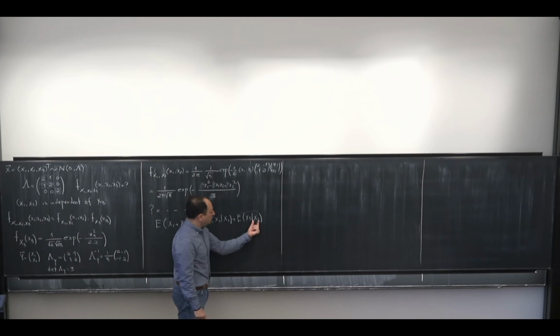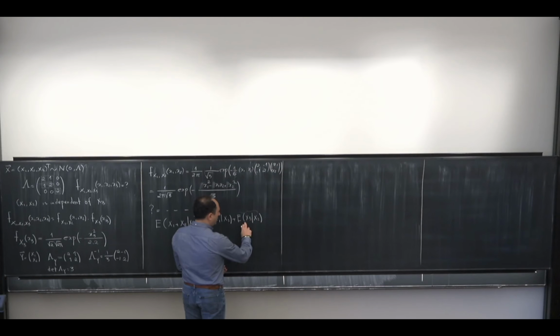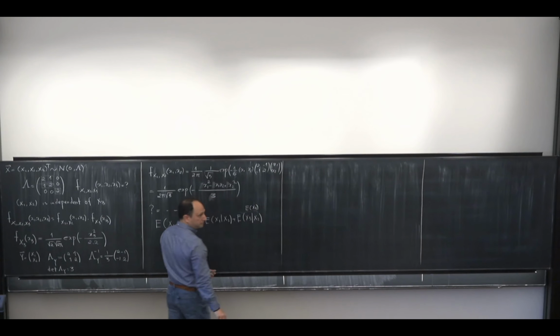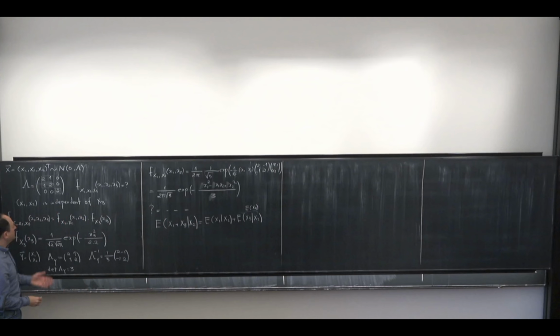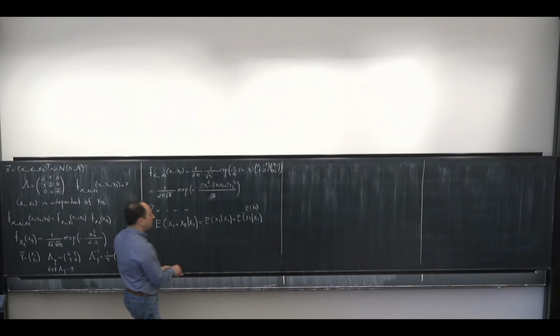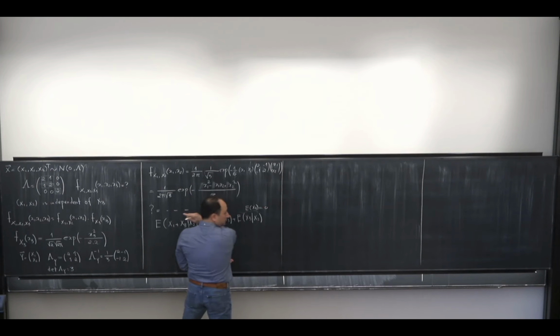It means that knowing or not knowing x2 doesn't have any effect on the expectation value of x3. So because they are independent, I can write it as E of x3. Yes? But what is E of x3 in this problem? E of all of them is 0, because that is the 0 matrix. So this is just simply 0 because of this problem.